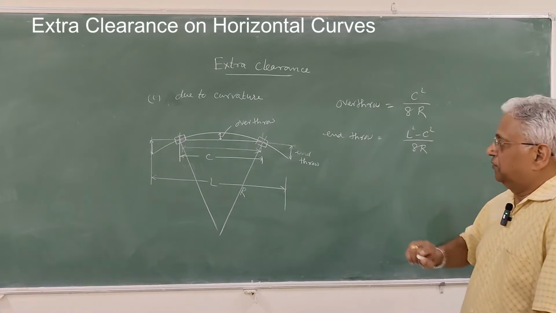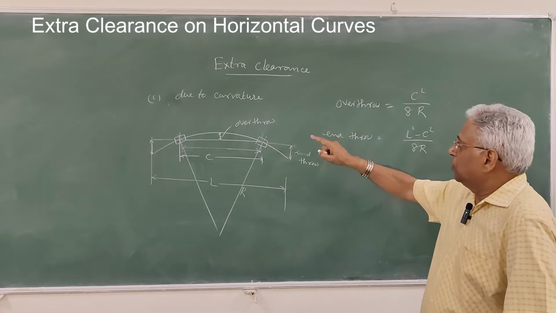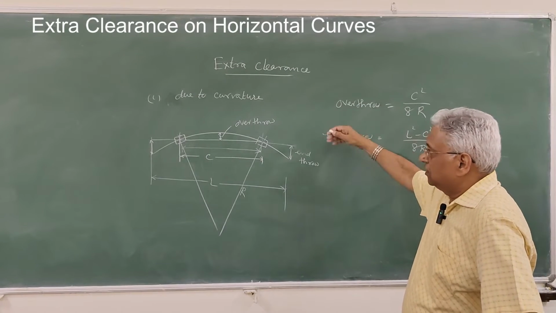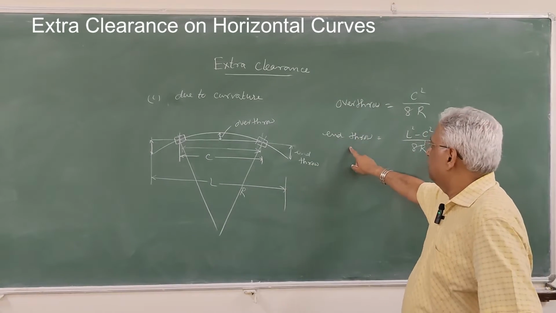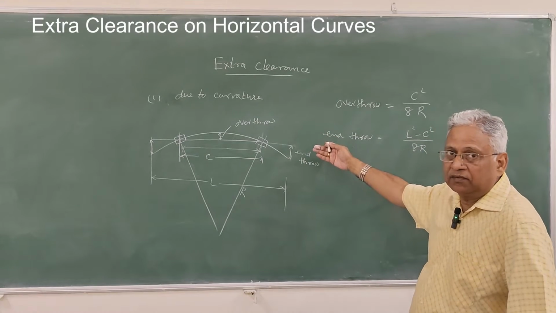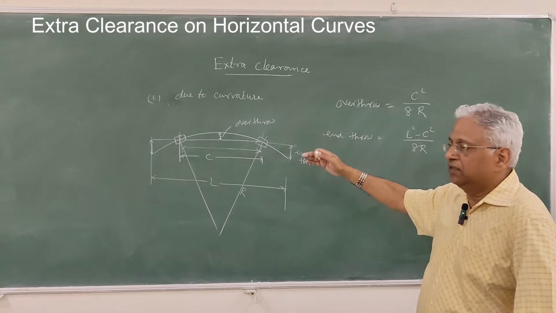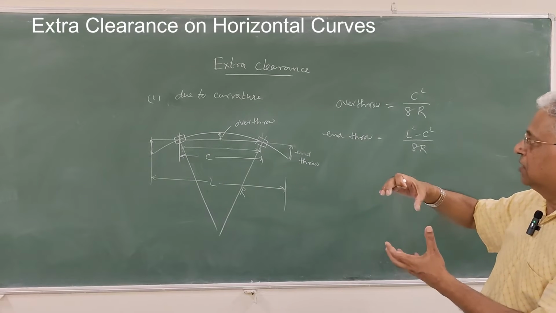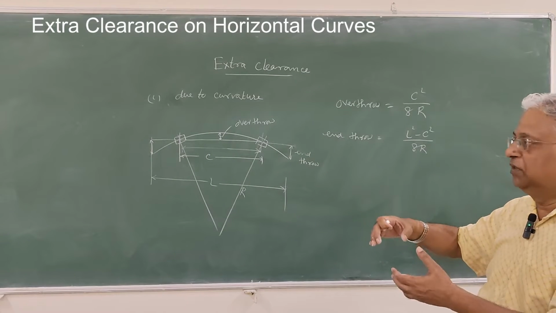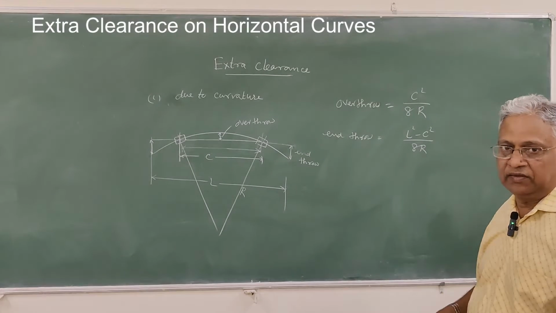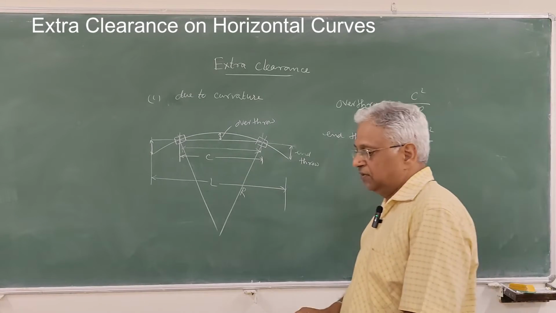R is the radius of the curve. So due to curvature, you have overthrow, which is inside the curve, and end throw, which is outside the curve. So you need clearance on both sides of the curve, inside as well as outside.